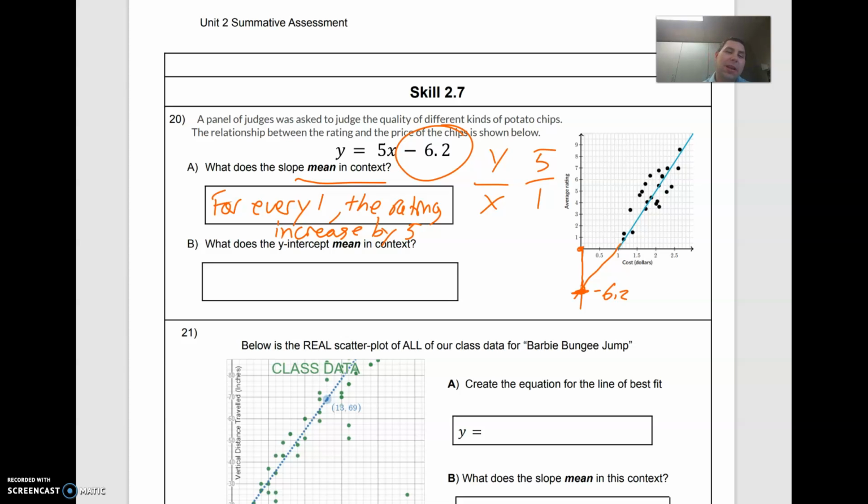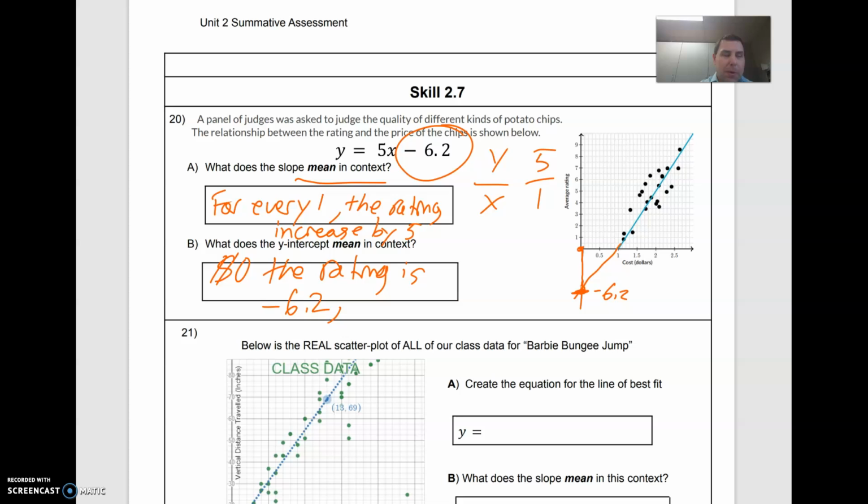So what would you say here? Well, there's two things I was looking for. One, if you said it wouldn't make any sense in context because you can't have a negative rating, I would have given it to you. If you had said that at $0, the rating is negative 6.2, I would have taken it.